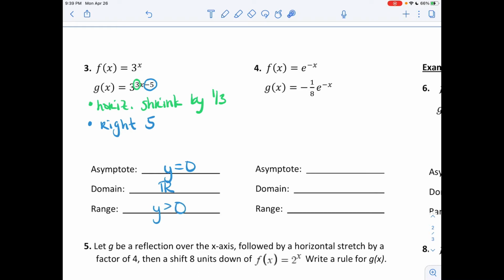Now let's take a look at this final one. F of x is equal to e raised to the negative x power. So remember, anytime you see a negative in this location up there with x, that means our original function is a reflection over the y-axis.